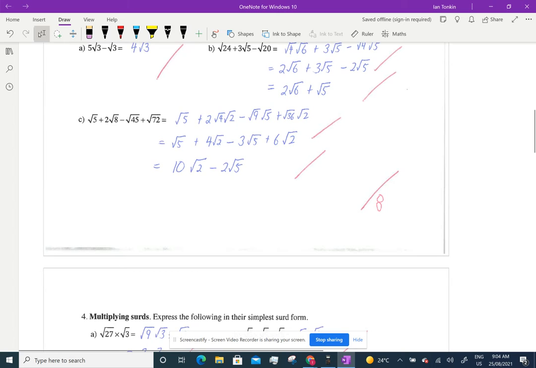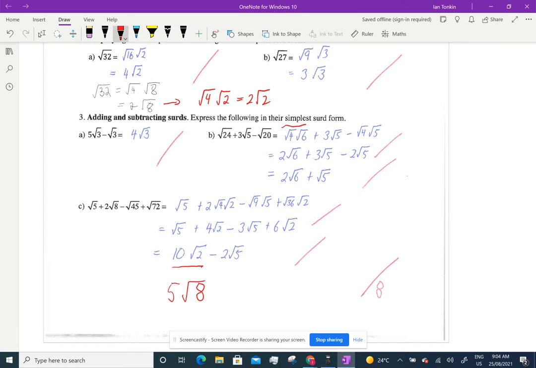Down here in C, a lot of people had 5 root 8. So that same situation again. So you're correct, but it wanted the simplest form.